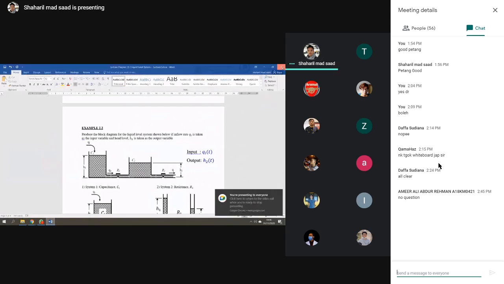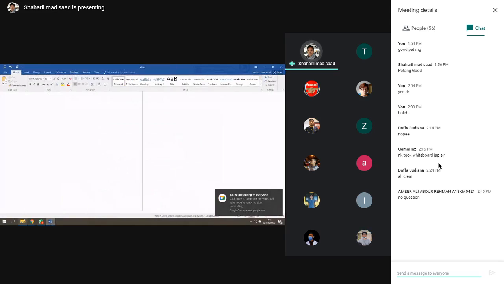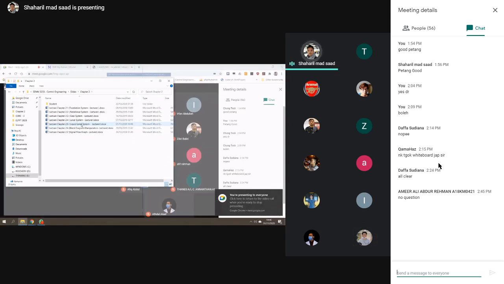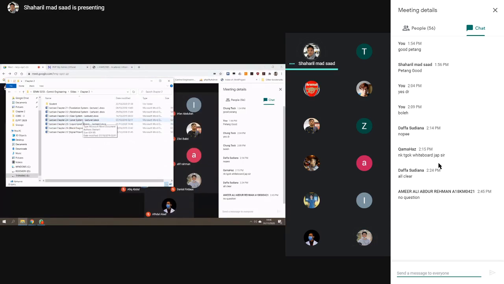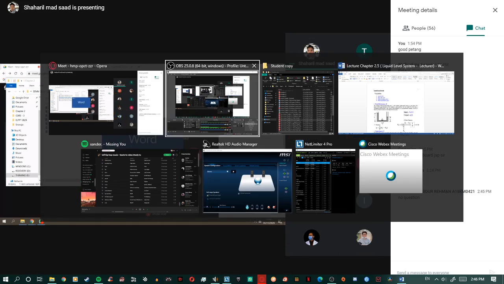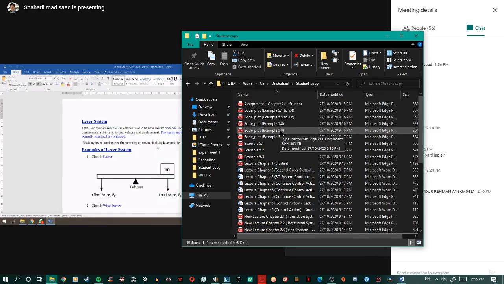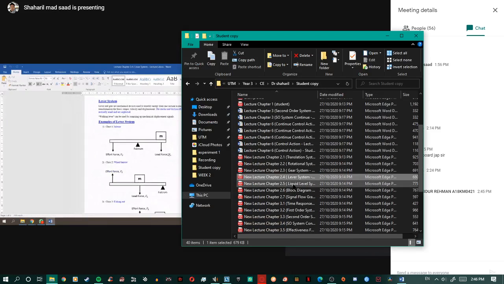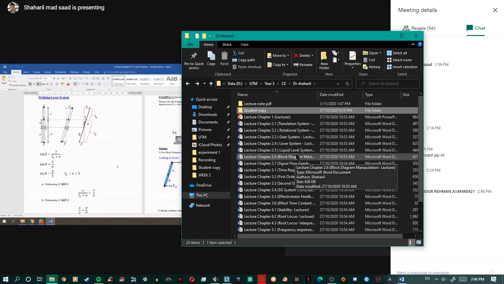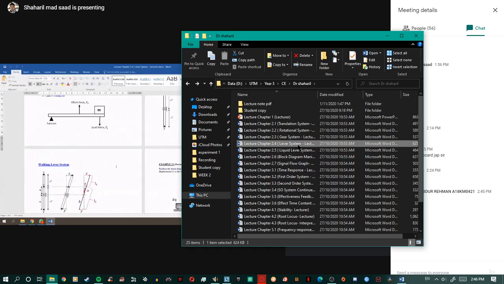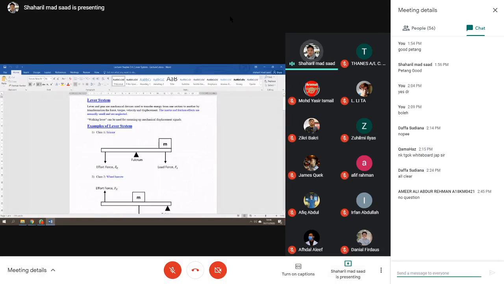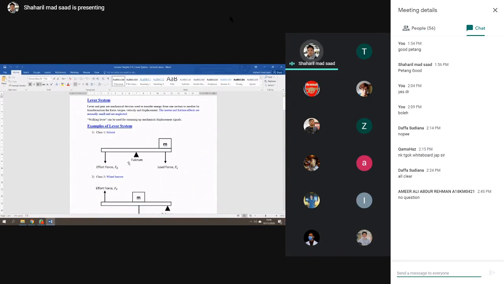Okay, the last one, let's go to another one, the last system: the lever system. I hope I have enough time. Levers and gears are mechanical devices used to transfer energy.